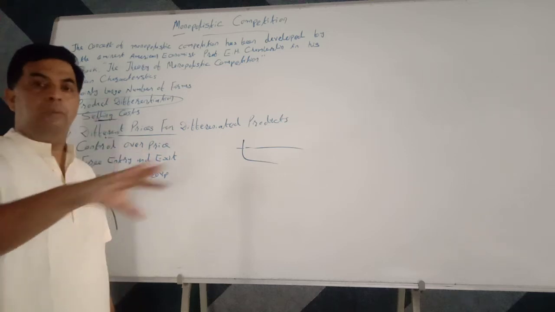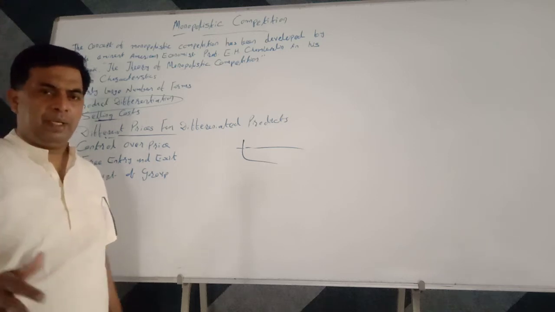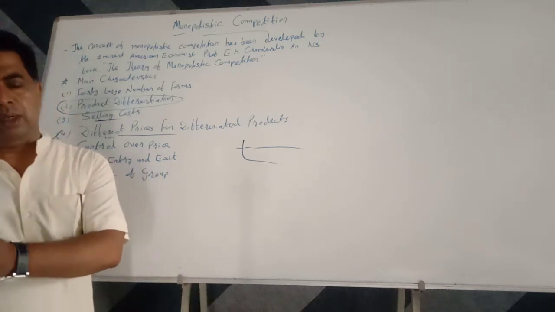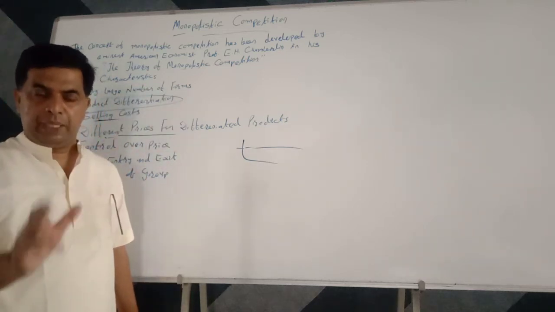Suppose that mobile phones, Oppo, Vivo, Mi, these are one category of mobile phone. And on the other side is iPhone, Apple.